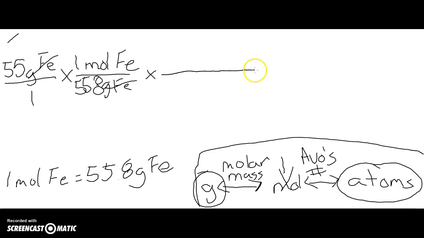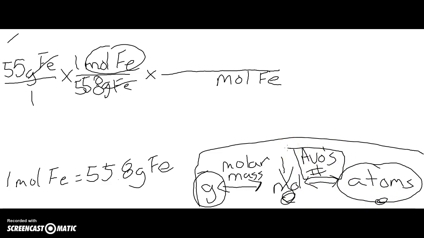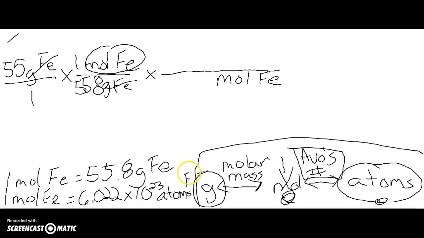Now, I'm not done yet because what I have now are moles of iron, and I need to get to atoms of iron. So I'm going to take my units, moles of Fe, and bring them down to the bottom here, moles Fe. And I see over here with my conversion factors that to get from moles to atoms, I need to use Avogadro's number. So that means that 1 mole of Fe is equal to 6.022 times 10 to the 23 atoms of Fe.